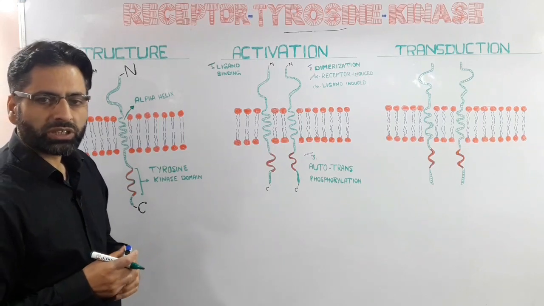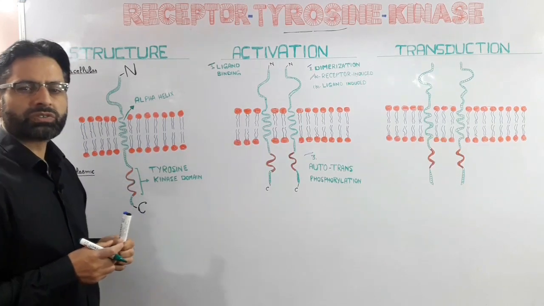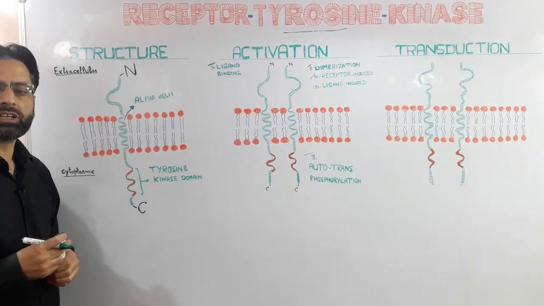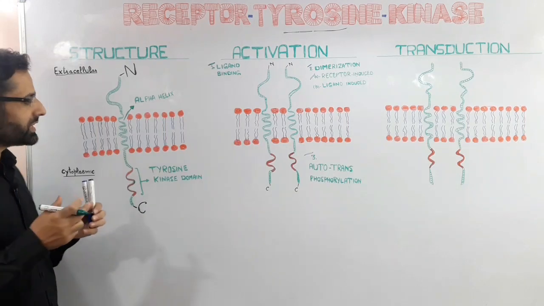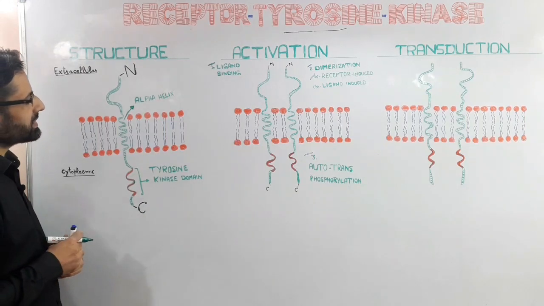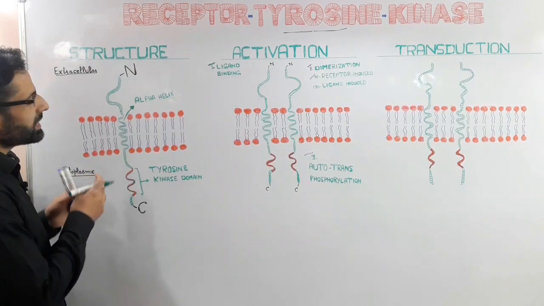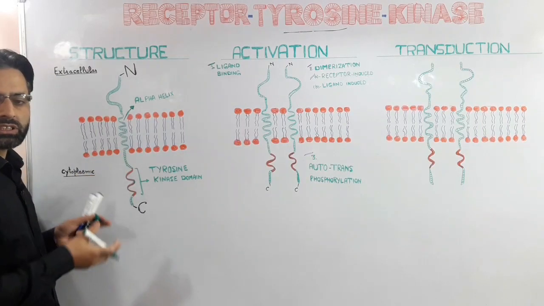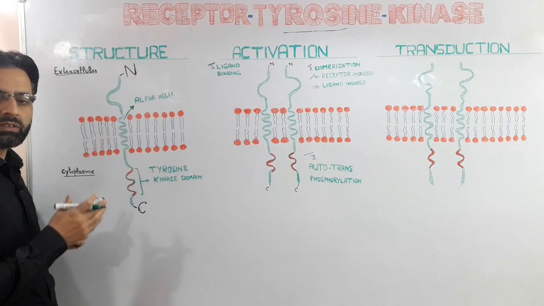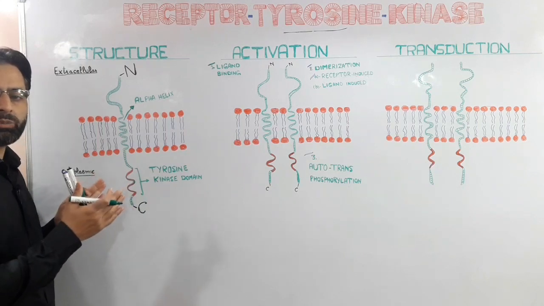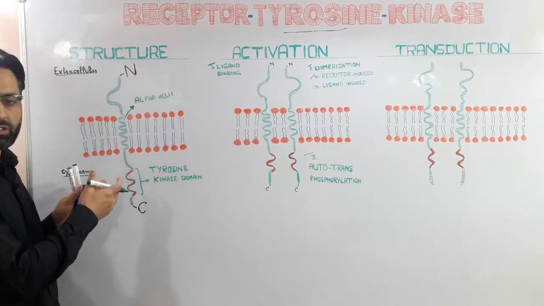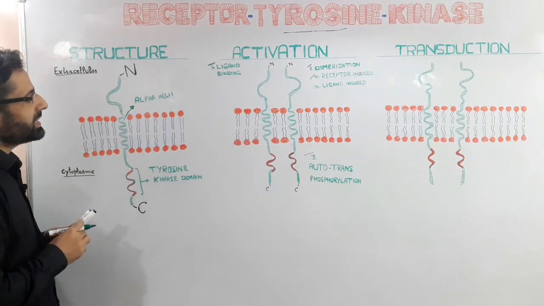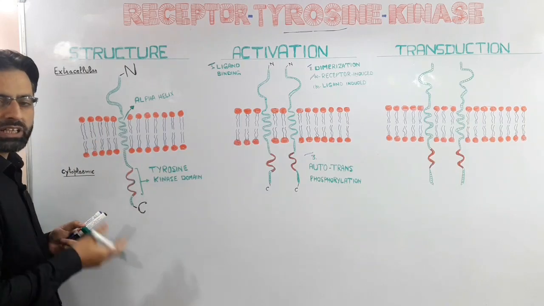Let us first try to understand the general, most common structural features of these receptor tyrosine kinases. So far as the structure is concerned, it is mostly a single polypeptide chain, but in case of insulin receptors, we have two polypeptide chains. The most common feature is that they are single polypeptide chains.